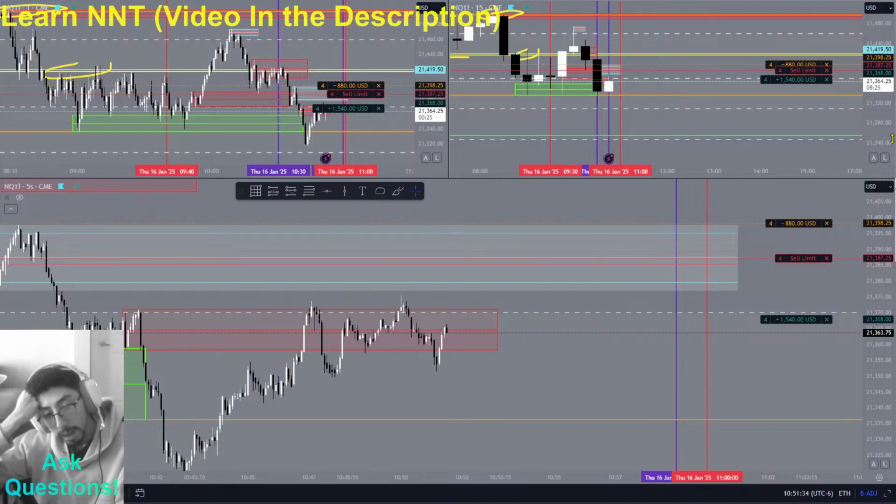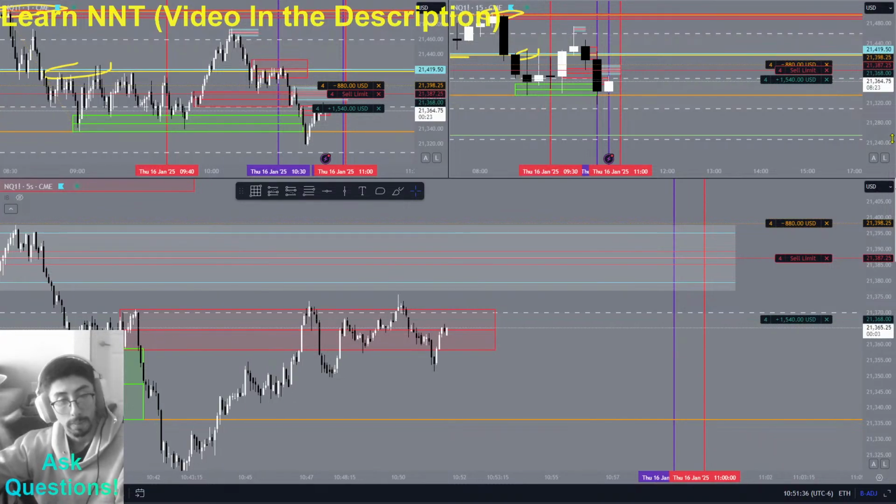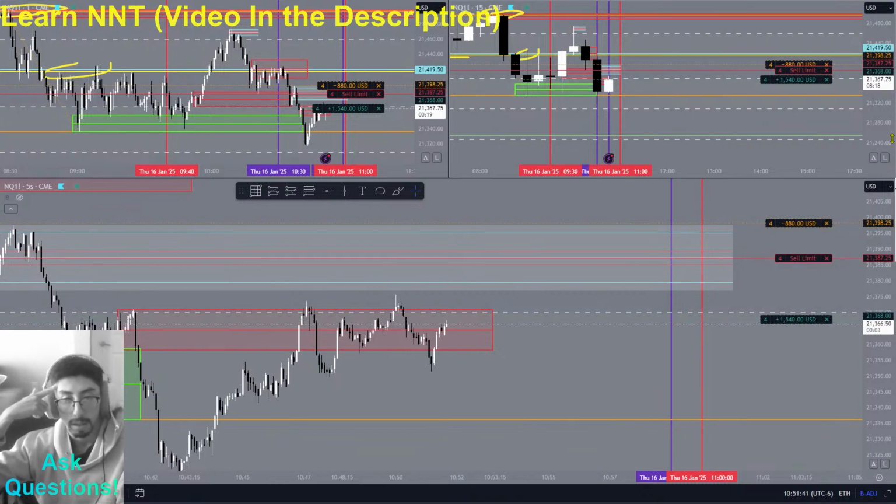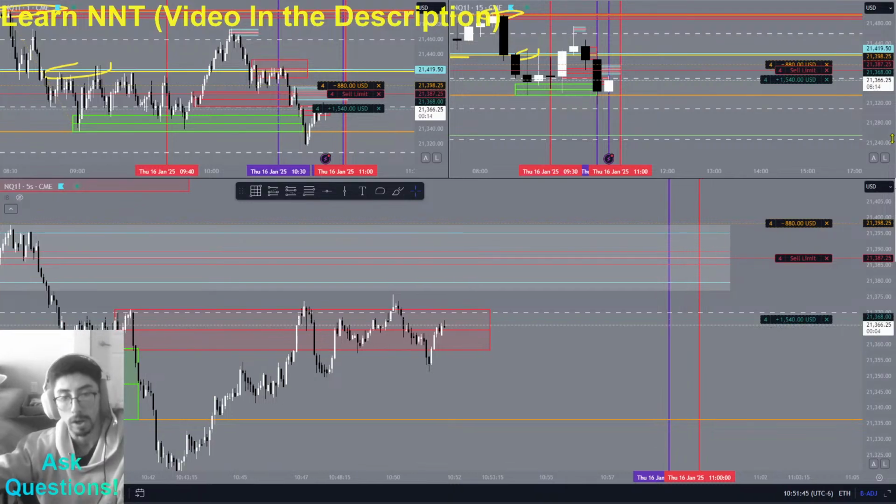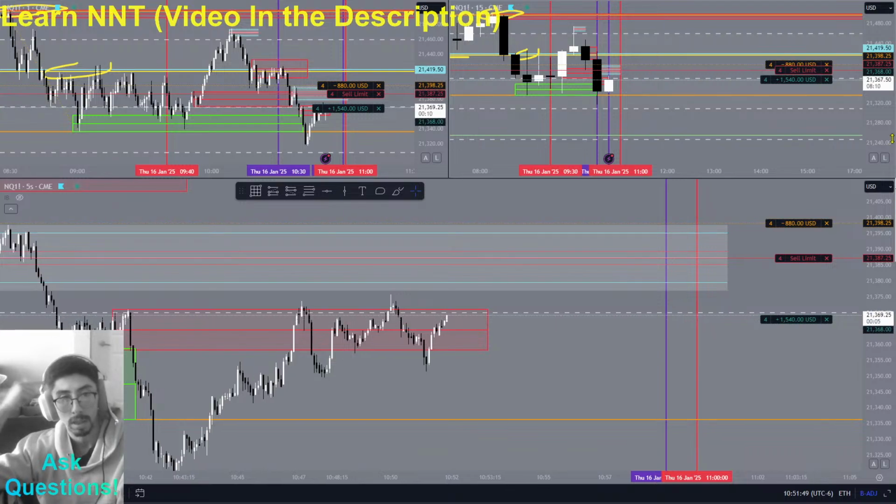I might pass on this play because I normally don't like taking plays where we float too much and all we've done is just float around it. Typically, since we're floating, we are accumulating, and if we are accumulating, what happens next? Displacement. Displacement is those big candles. We either move really strong or we chop, accumulate.